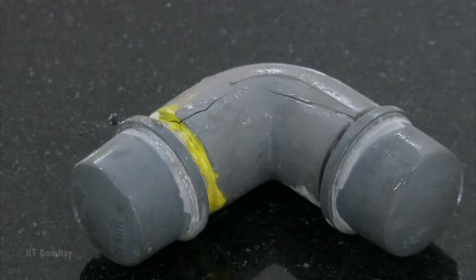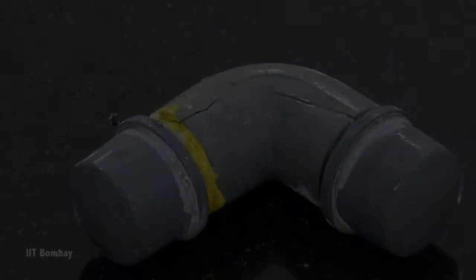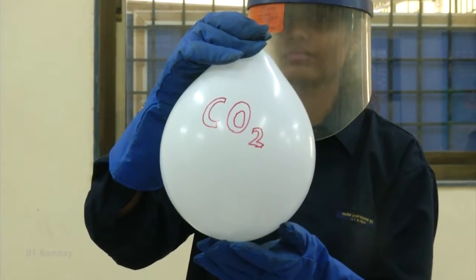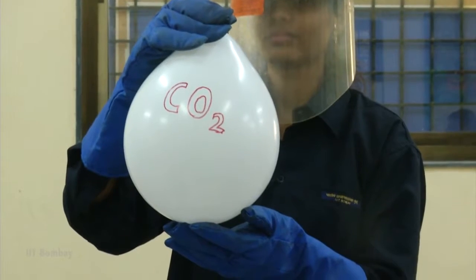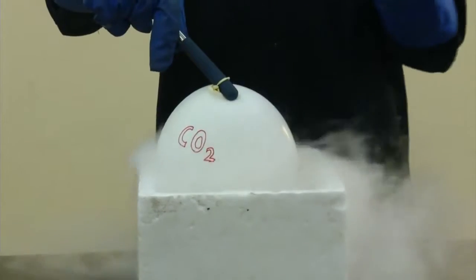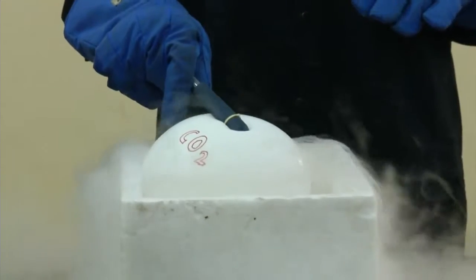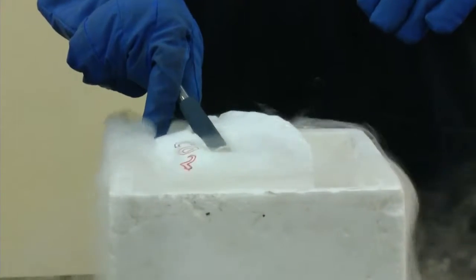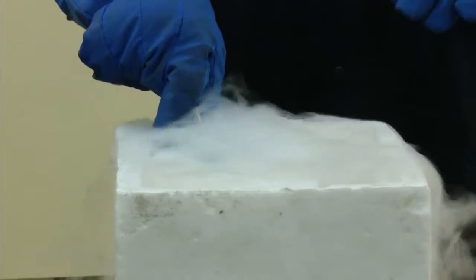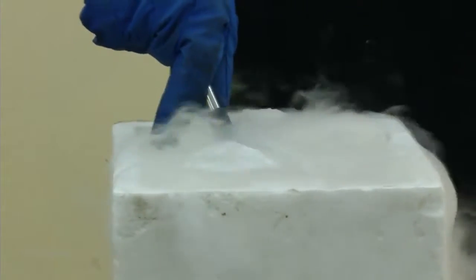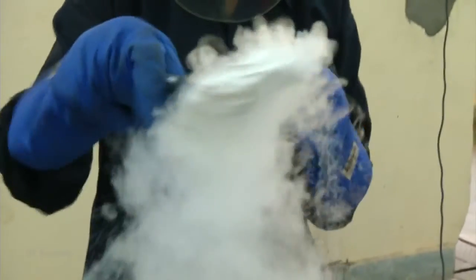Okay. Let us repeat the same experiment now using air as a medium, and also we can have CO2 gas as a medium. So, here again I will take carbon dioxide in a balloon, which you can see, and this balloon is now put in liquid nitrogen, and now you can see that the balloon is getting shrunk, and what you see now is the CO2 gas now has become solid also.